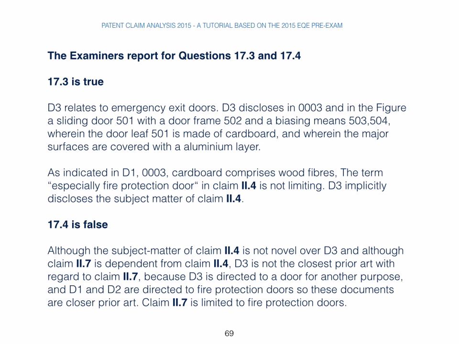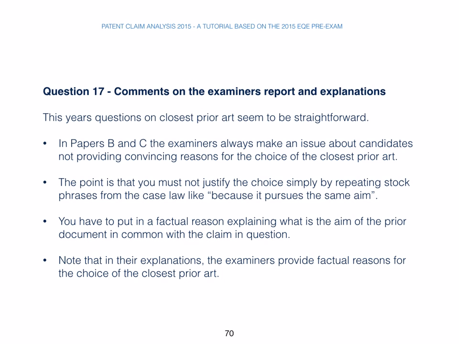Now for some comments of my own. In my opinion, this year's questions on closest prior art seem to be straightforward. However, please note, in papers B and C, the examiners always make an issue about candidates not providing convincing reasons for the choice of the closest prior art.